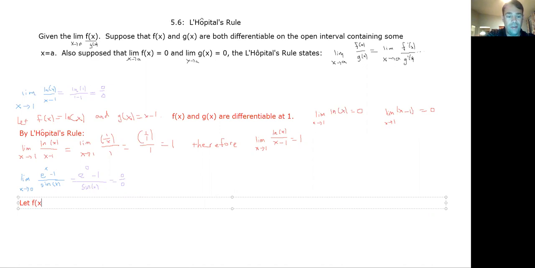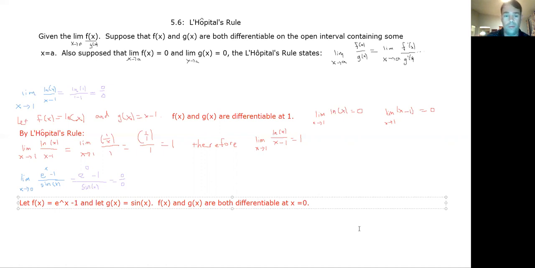Let's let f of x be equal to e to the x minus 1, and let g of x equal sine of x. f of x and g of x are both differentiable at x equals 0.